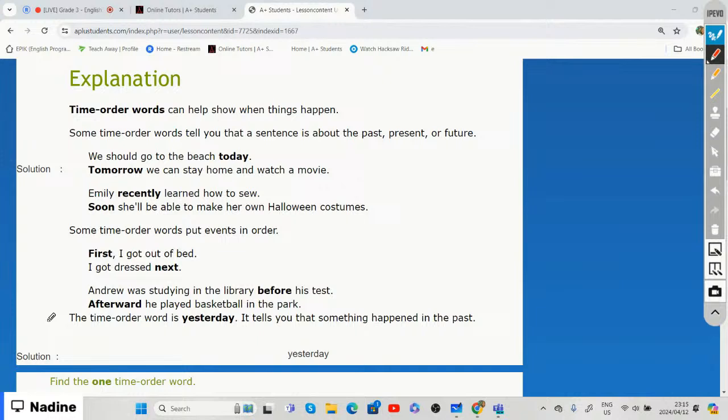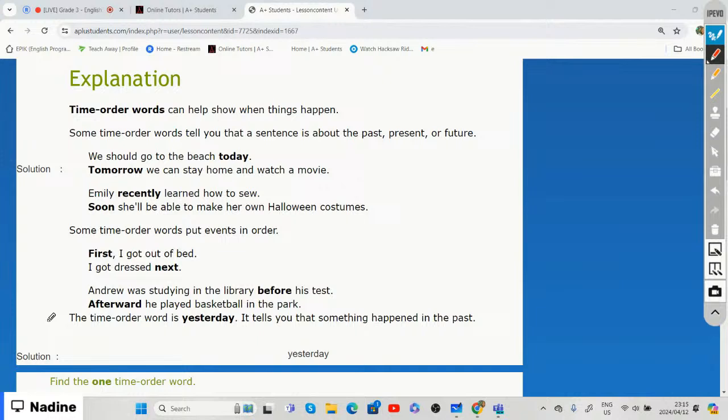Or when you're getting ready for school, then you can say, first I get out of bed, then I brush my teeth, or next I brush my teeth. Thereafter, I do and so on, right?